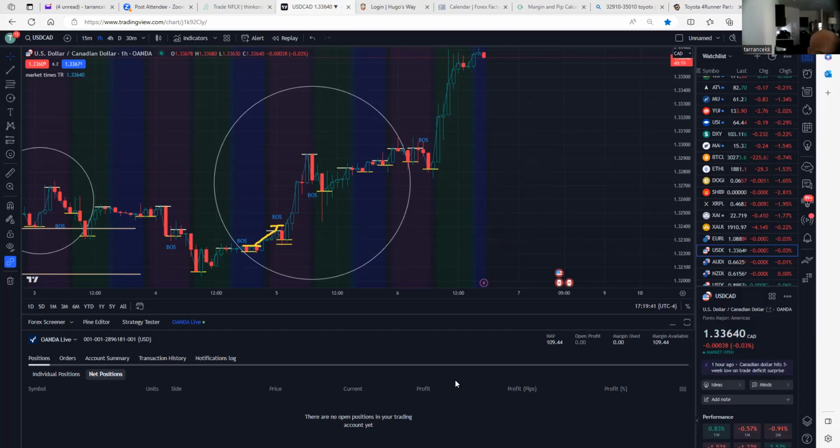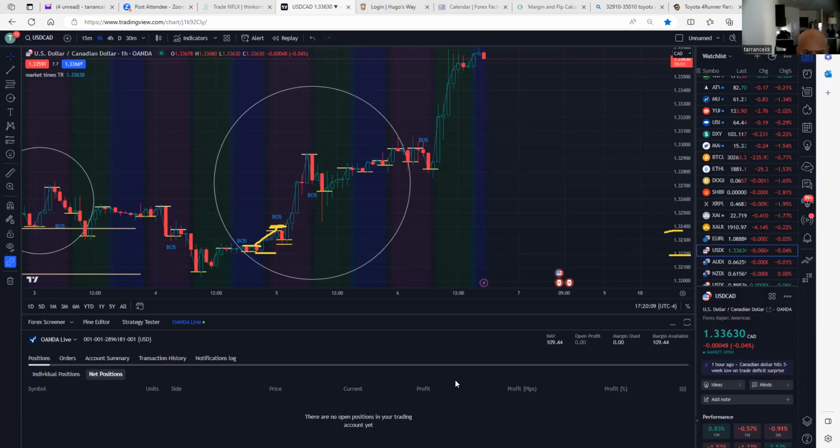If we were to look at the distance from here to here, how many pips is that? Like about almost 20 pips. So think about it. Is that a big range? It's not. So it's not a lot of pips. There's not a lot of pips to make out of that.